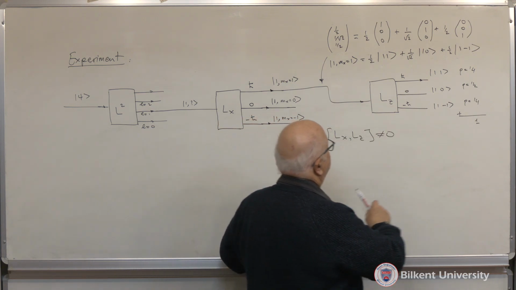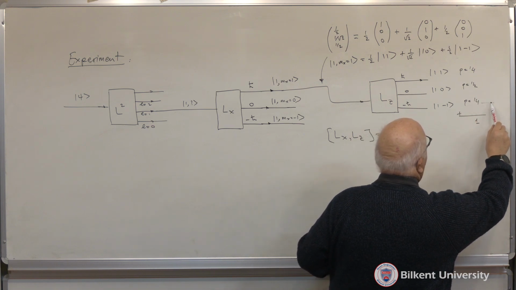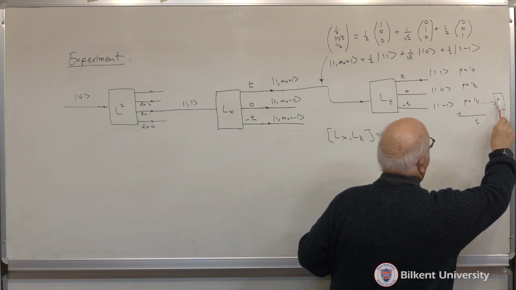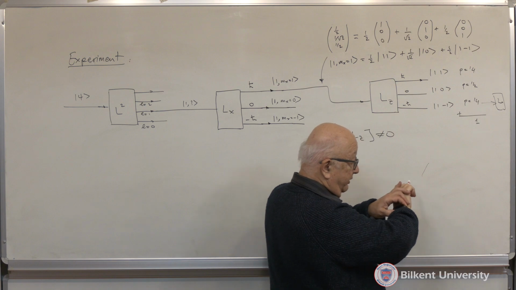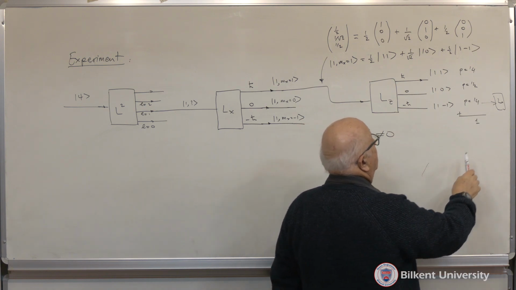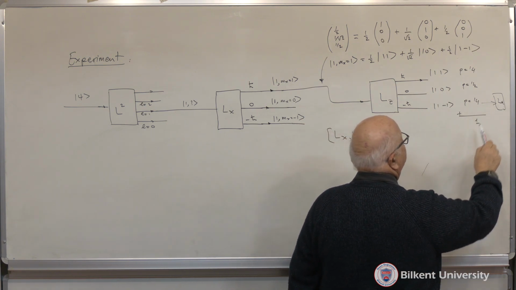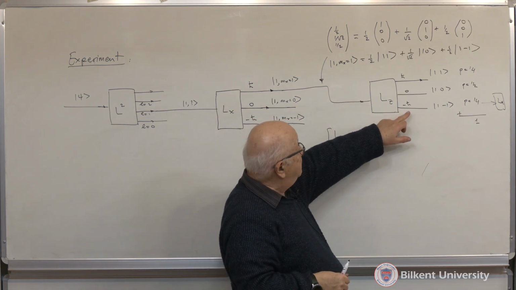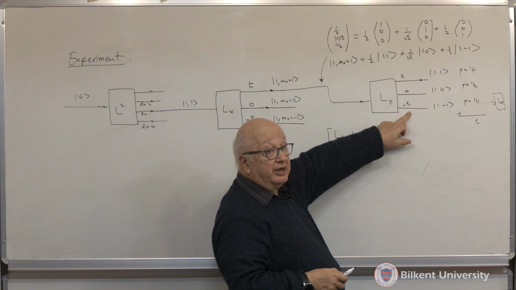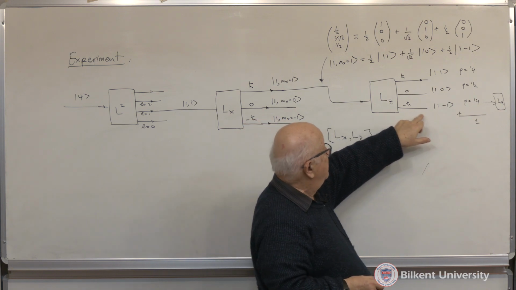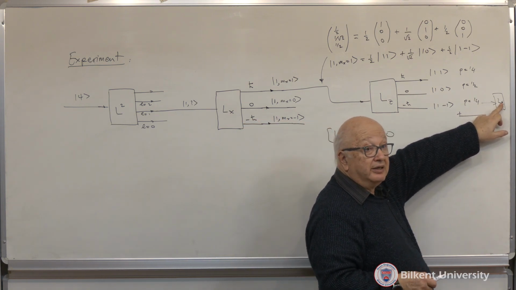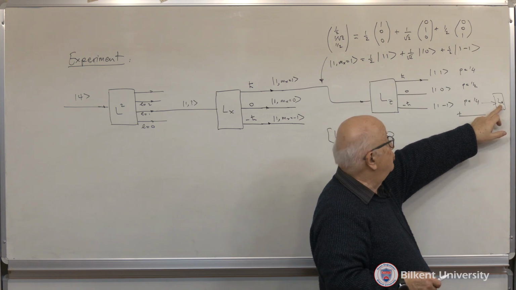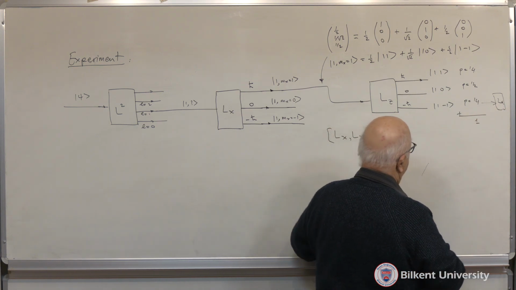Let's solve that problem also if we have time. If we solve for what Lx is going to be, then we have to expand this eigenstate in terms of the Lx eigenstates.